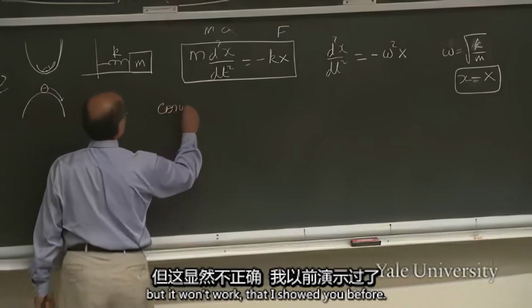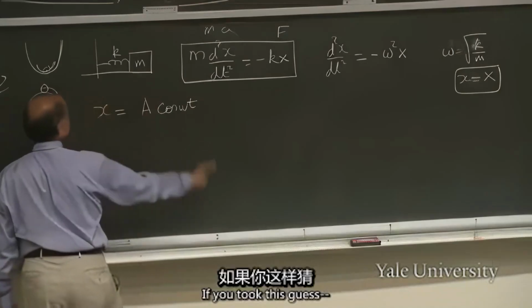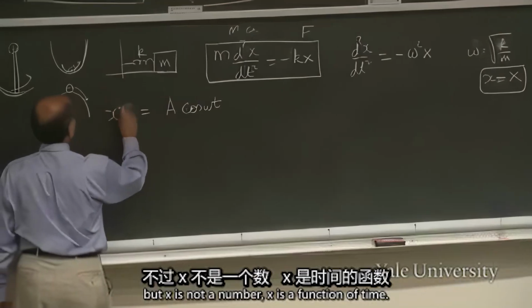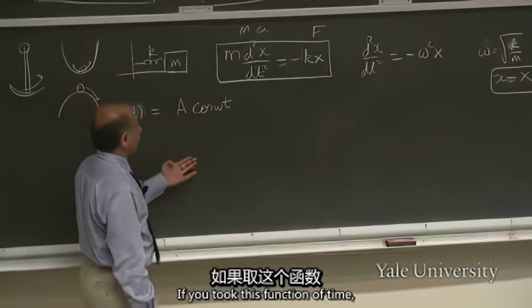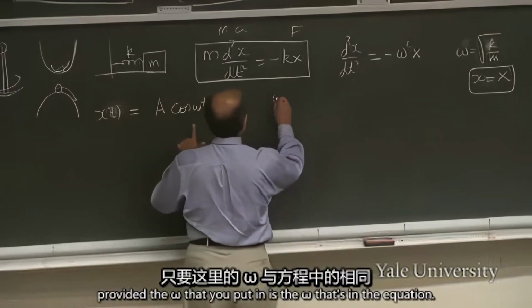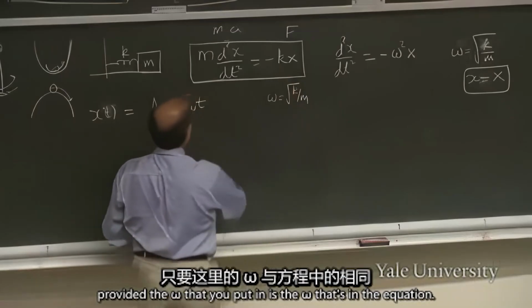Then I showed you before, so I'm not going to go through that again. If you took this guess, but this x is not a number, this x is a function of time. If you took this function of time, it in fact obeys this equation, provided the omega that you put in is the omega that's in the equation.